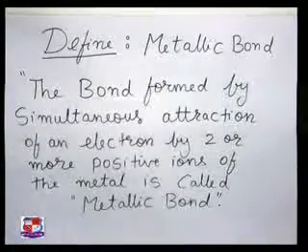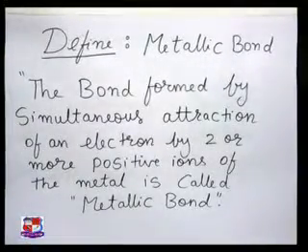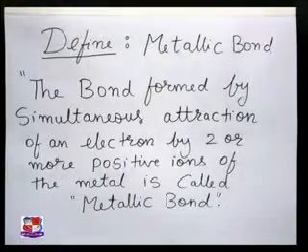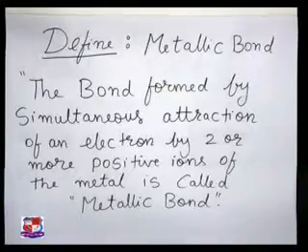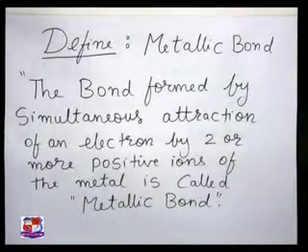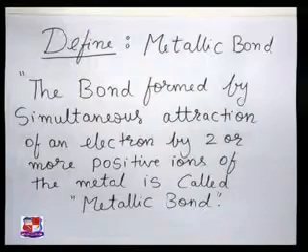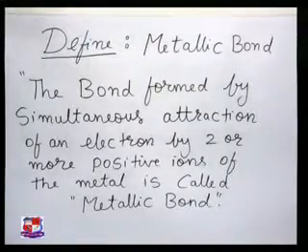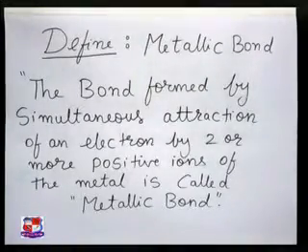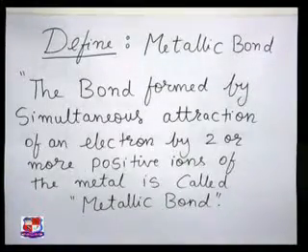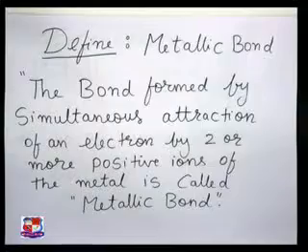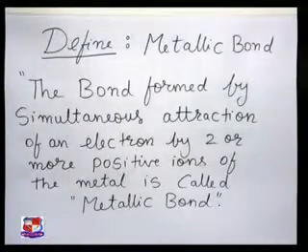Okay. Now we can take up what a metallic bond is exactly. We have given the description of how this bond is formed. Now we can define it clearly: a metallic bond is formed by simultaneous attractive interaction of an electron by two or more positive ions, that is kernels, of the metal.